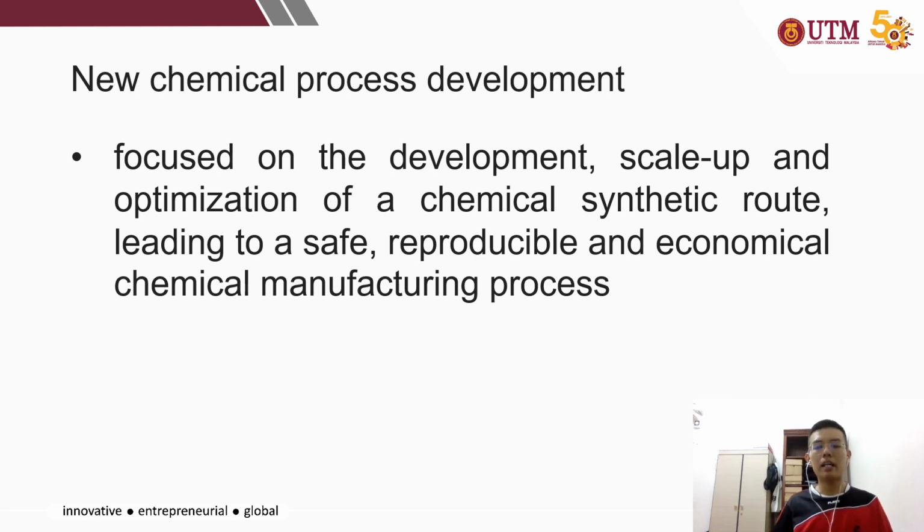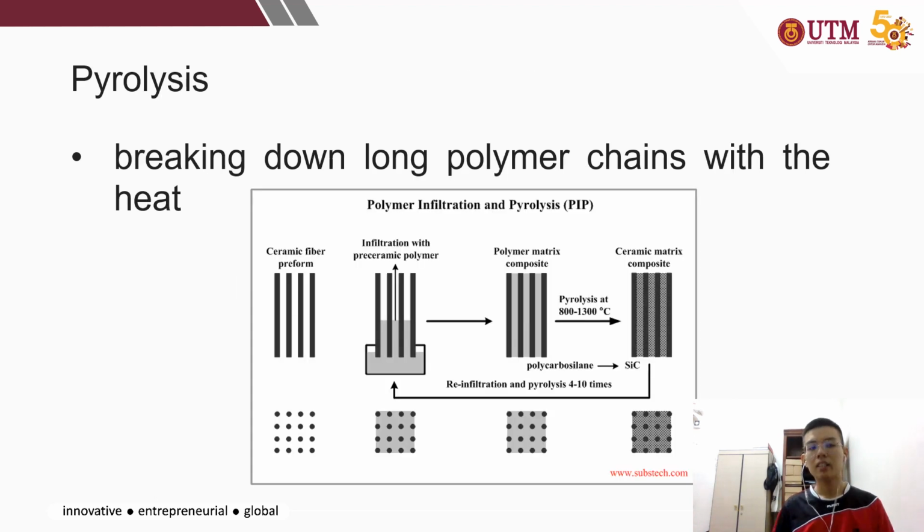So it focuses on the manufacturing process too, and the development and safety during the process of recycling polymers. After that, pyrolysis. After adding these things and doing this kind of development, at the end with pyrolysis, we break down the long polymer chains with heat. Then it becomes a new polymer when it cools down.